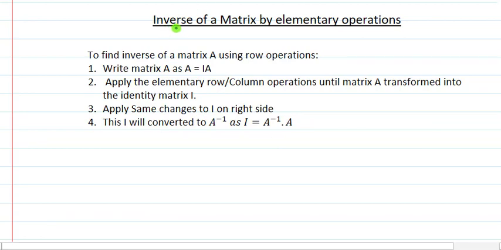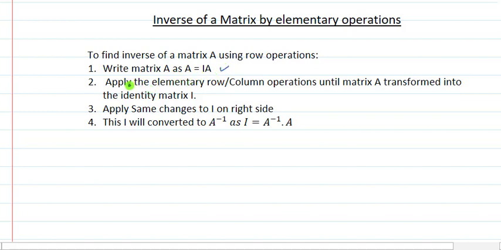Now let us discuss the inverse of a matrix by elementary operations. There are certain steps to find the inverse of a matrix by elementary operations. Number one is, write the matrix A as A is equal to IA.